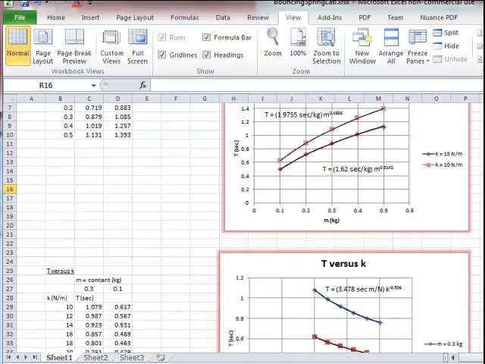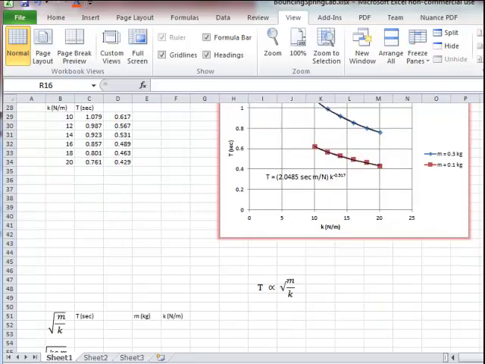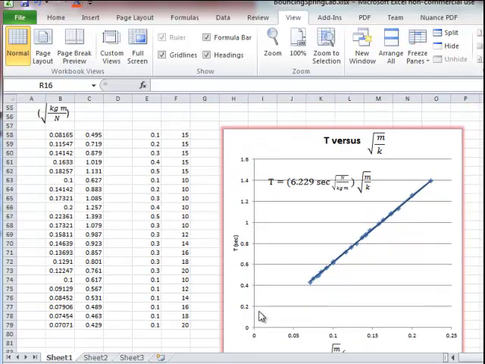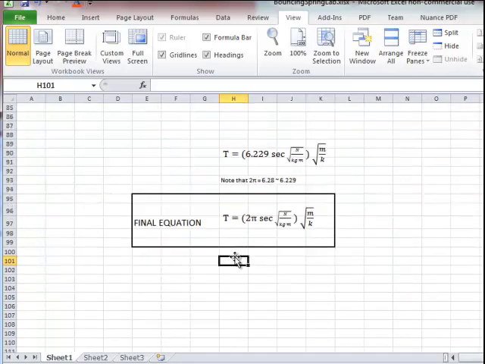And then secondly, here are two sets of data for the period and the spring constant, which if you do a curve fit here, you'll come up with a relationship between the period and the spring constant. Putting those together and taking all of the data now, here's the straight line, which leads to your final equation, which is the whole point of the experiment.